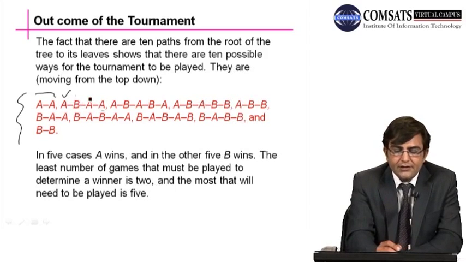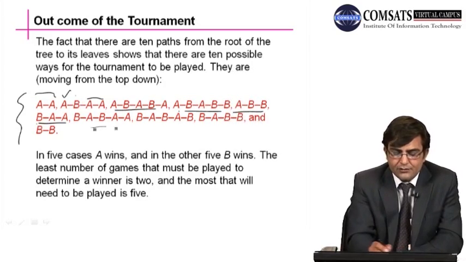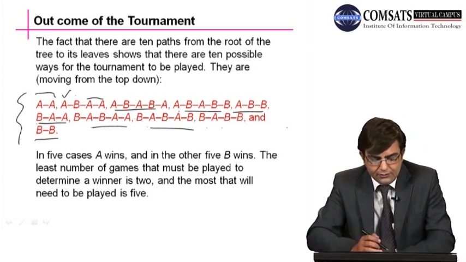So the tournament stops here because A has won 2 consecutive games here, and also A has won 3 games out of 4. So all the possibilities are mentioned here which are possible for a team to win this tournament.